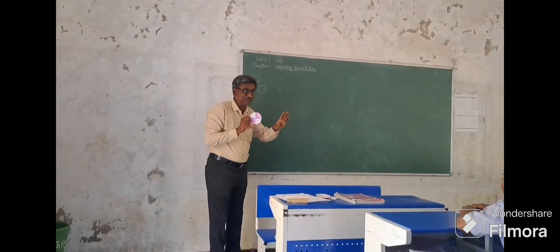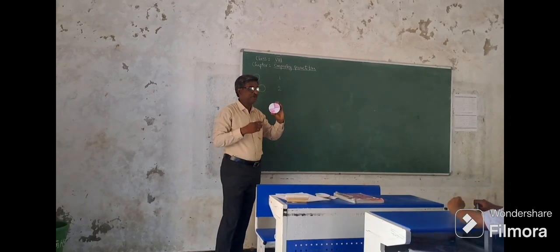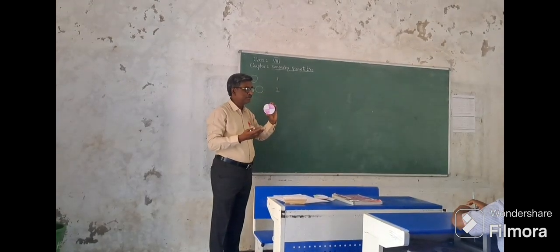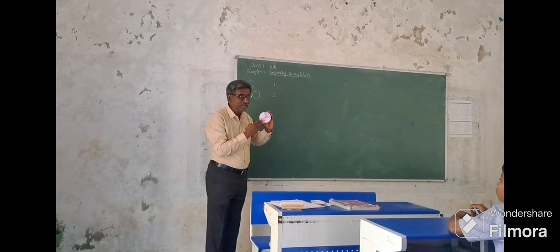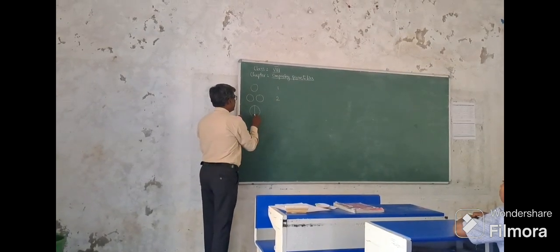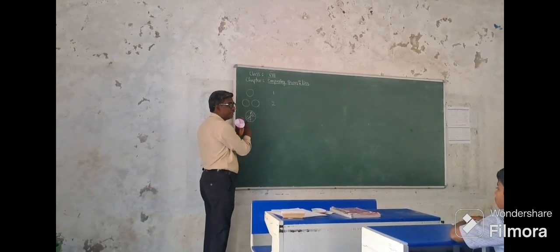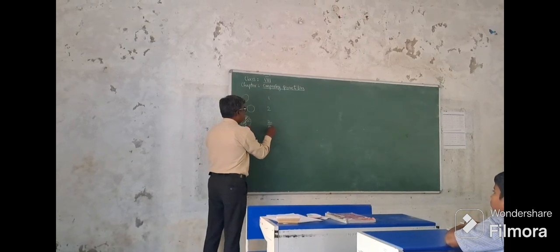Now I want a number which represents these two parts. What is the answer? 2 by 4. Very good. So the number which represents the shaded part is 2 by 4.